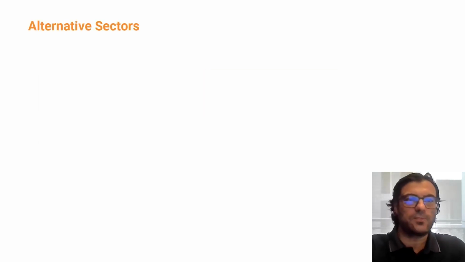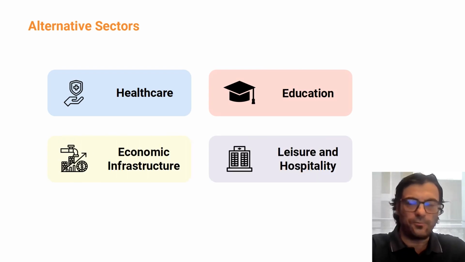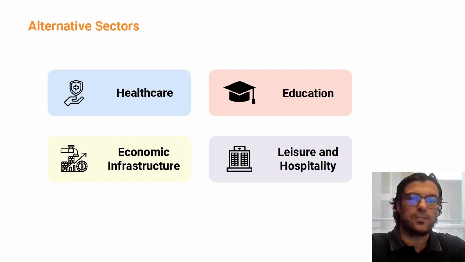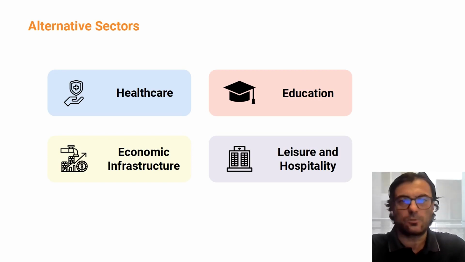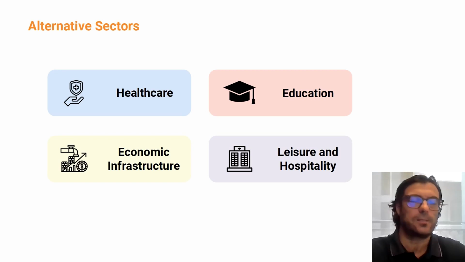Now, the alternative sectors are typically healthcare, the education sector, the economic infrastructure sector, and the leisure and hospitality sector. There are specialist operators working in these sectors which have specific requirements to operate out of physical premises.